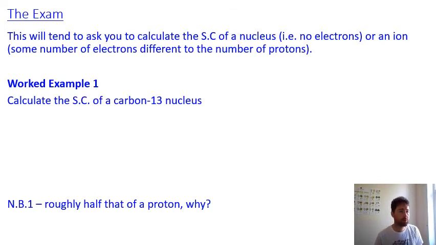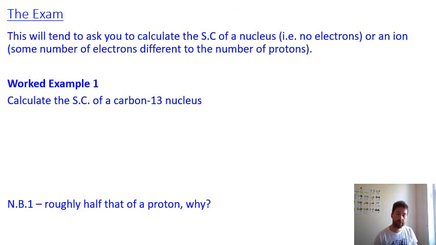Right, so how will you be examined on this? Well, it will be part of a question or a multiple choice question. As we move through the course, we might find some shortcuts to answer multiple choice questions, but here we'll just look at the basic method of how to work it out. So you'll either be asked to work out the specific charge of a nucleus, so therefore you're just talking about the positive charge on the protons and you can ignore electrons because the nucleus doesn't have any, or you'll be asked about an ion.